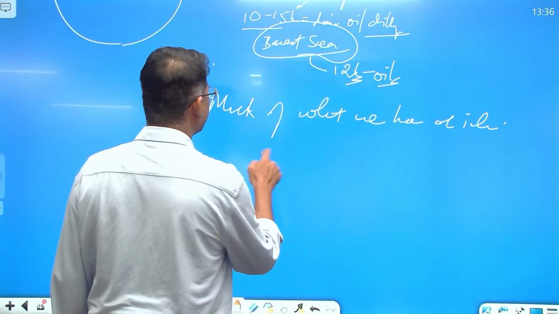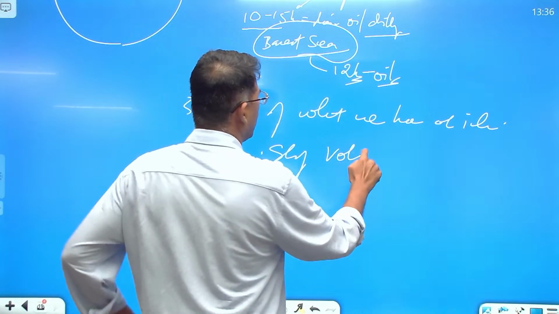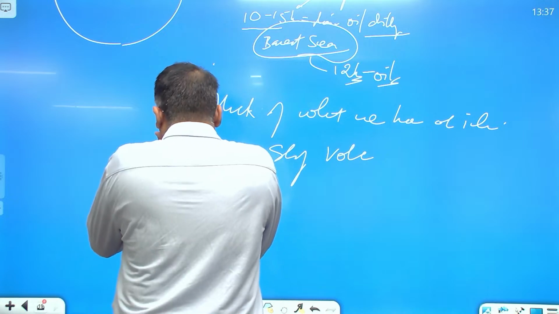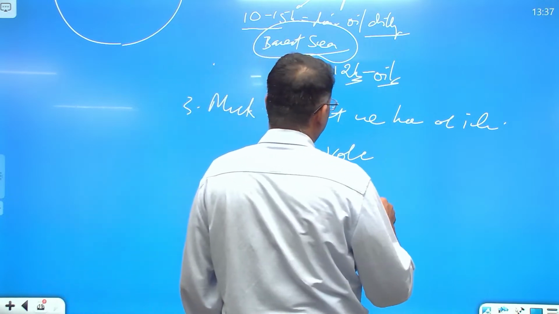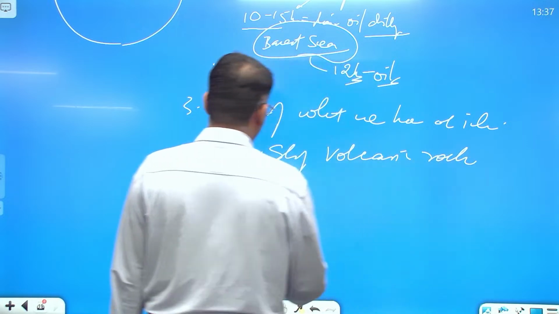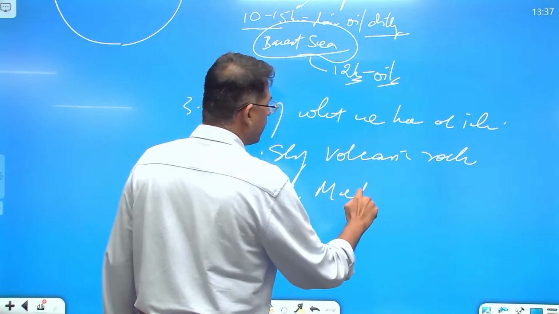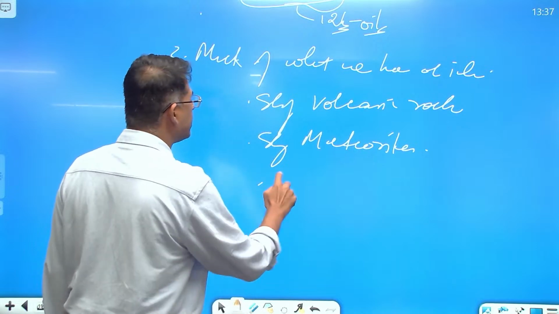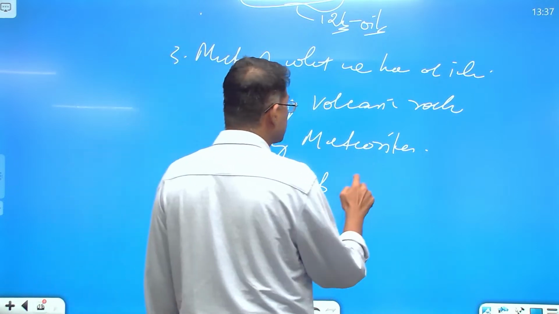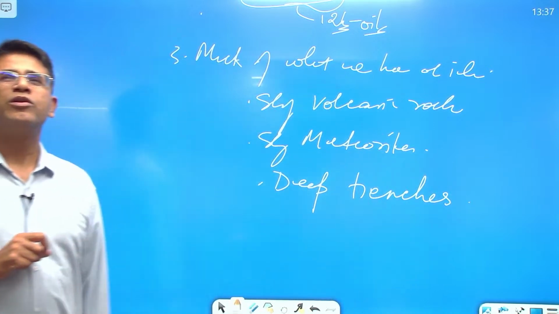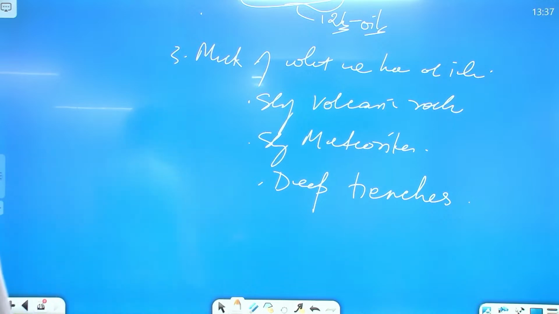Okay, we study volcanic rocks. We can study meteorites. We can study the rocks at the deep trenches. So what we know about the Earth is largely by correlating other types of studies.